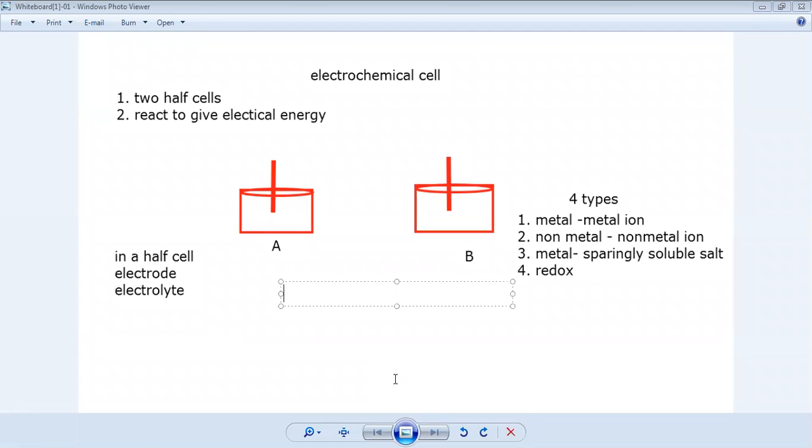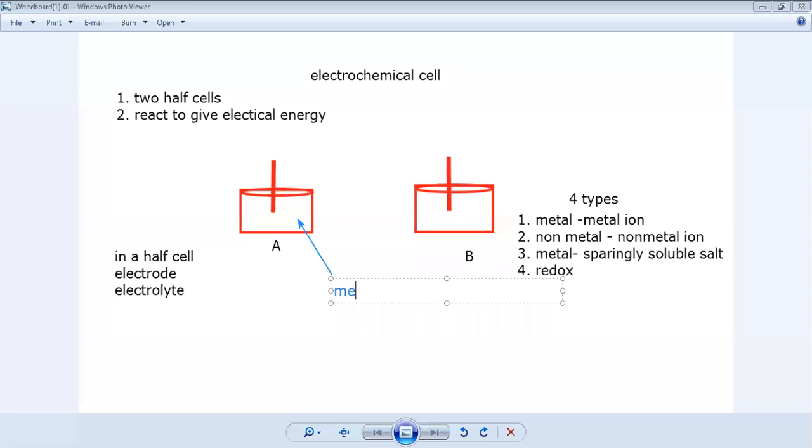So first one, metal metal ion. How will you describe a metal metal ion electrode? Say for example, this is my half cell which contains an electrolyte.